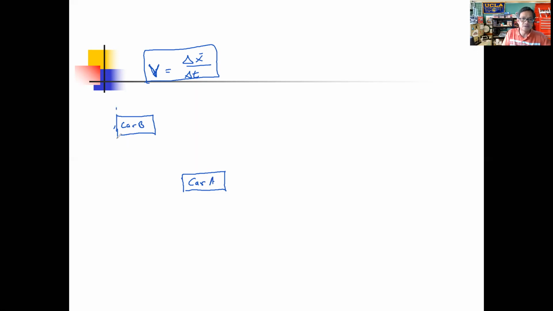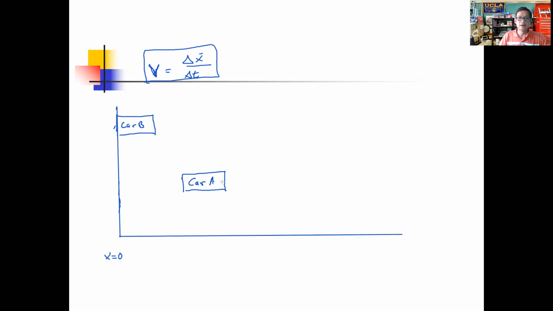Let me just go ahead and draw a line here really quickly. This position here we will refer to as 0. So x is going to be 0. That's our origin. Let's draw the x-axis and then indicate the direction of motion.